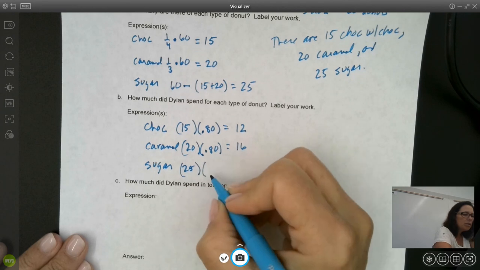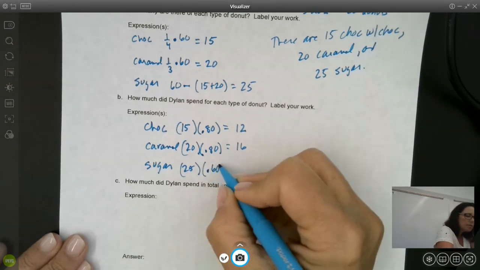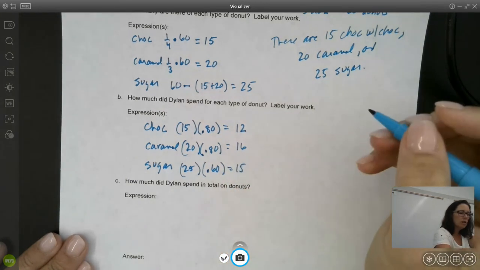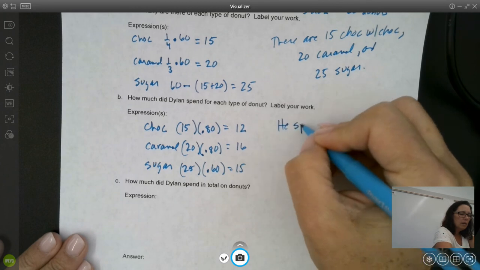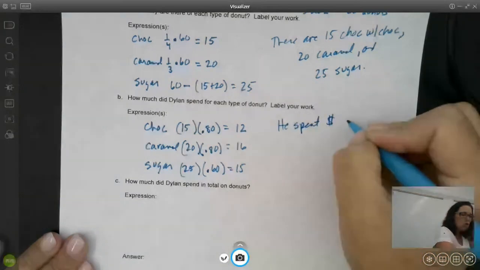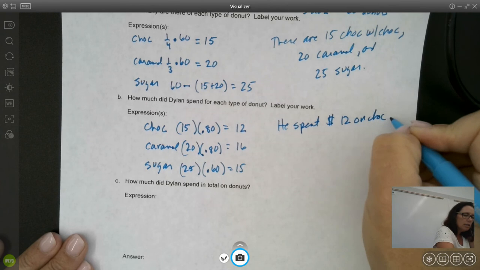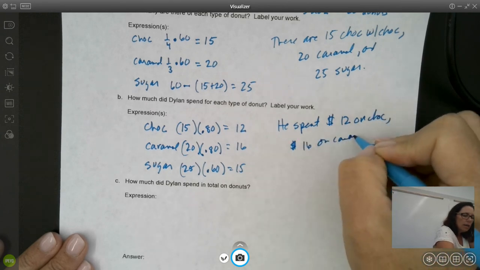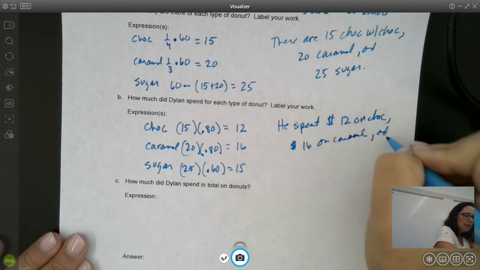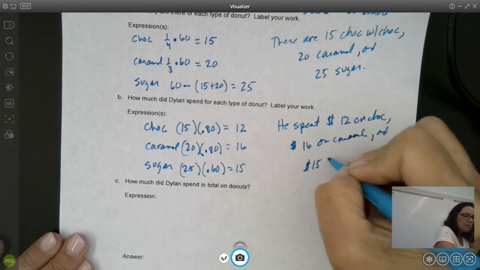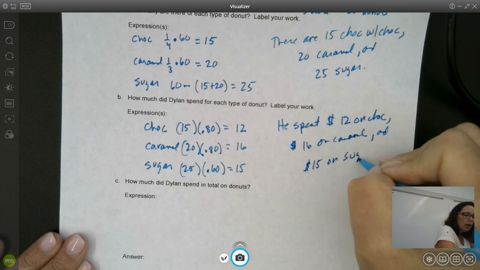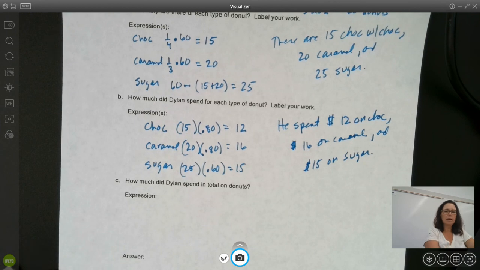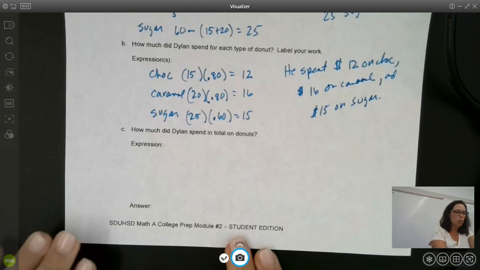This time the price is a little cheaper, 60 cents. 25 times 60 cents is 15. So he spent 12 bucks on the chocolate, 16 bucks on caramel, and 15 bucks on sugar. Please do not forget the dollar signs. We're talking money.